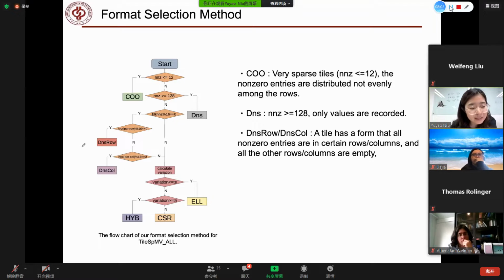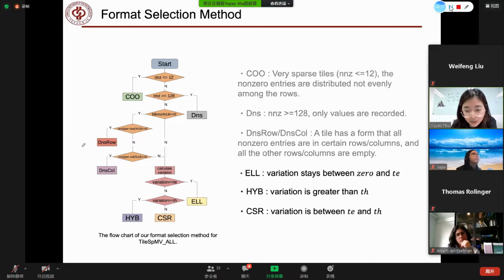We first select among these 4 formats: COO, dense row, and dense column, according to the number of non-zeros in each sparse tile. And then the standard of the second level is the distribution of non-zeros in each row in a sparse tile.